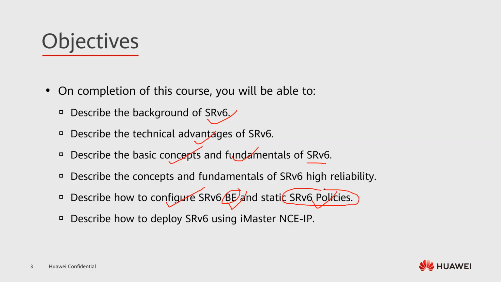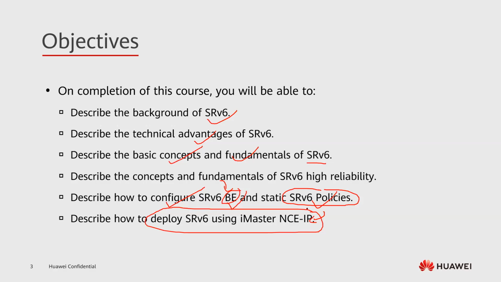Actually, yesterday we mentioned the MPLS. We already talked about the concept, but here we will speak about it again. And last, we will know how to deploy SRv6 using the iMaster NCE-IP controller. But for this part, we just briefly introduce it.